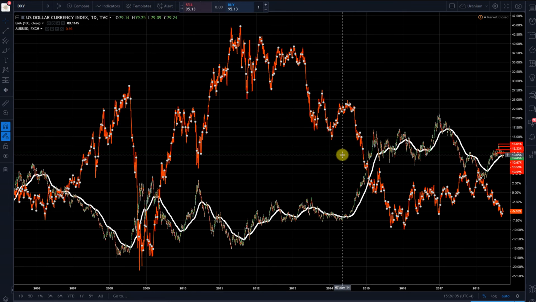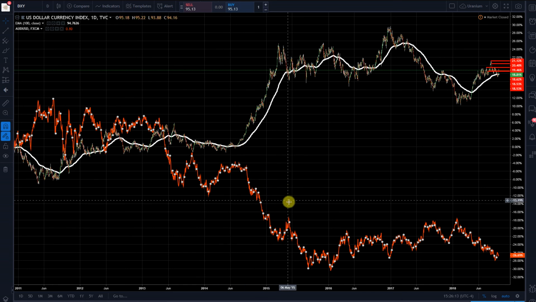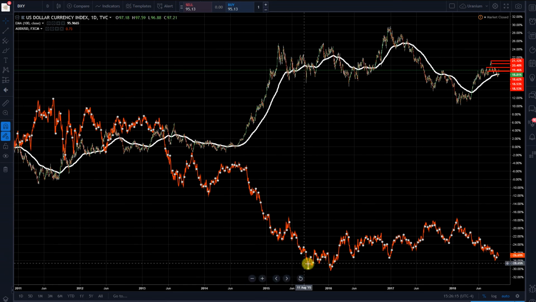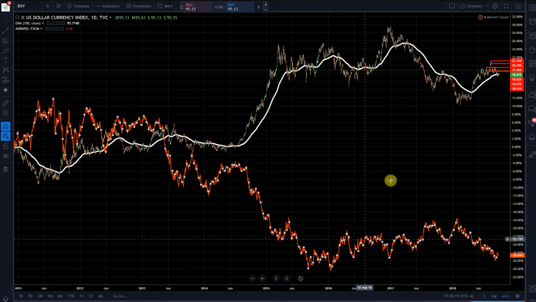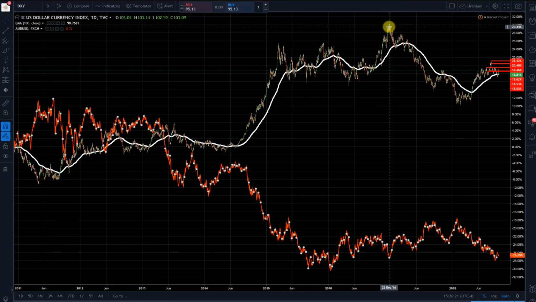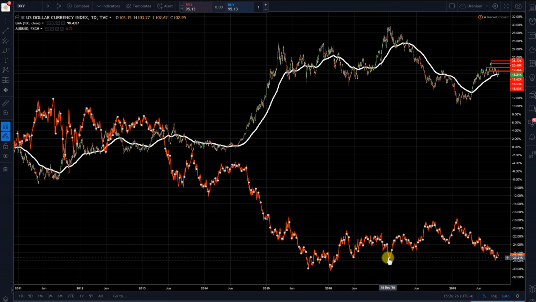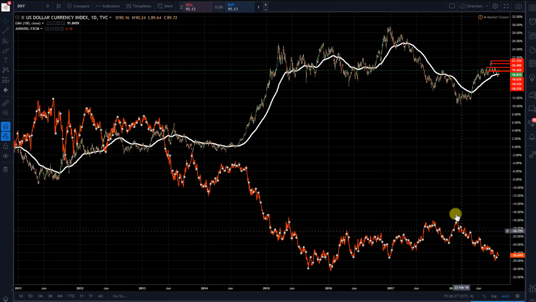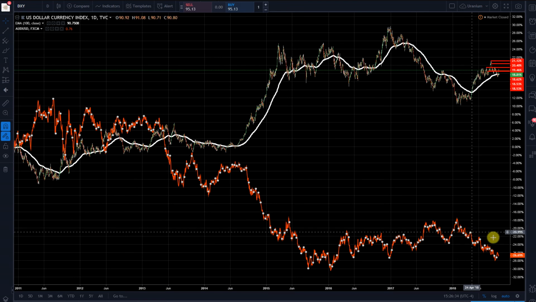And then here, if you get closer, the dollar spiked up in 2014, and you can see the Aussie went all the way down here, made a low here, and the dollar made a high here. This made a higher low, but then it pushed lower. Now we're at the January 26th high of 2018, and now we're pushing lower.